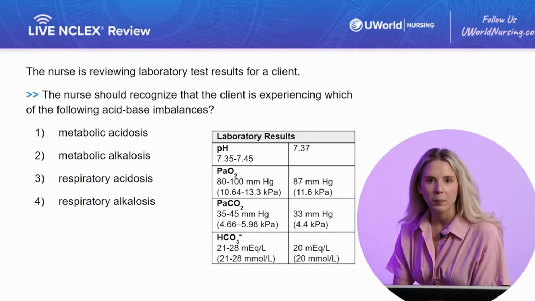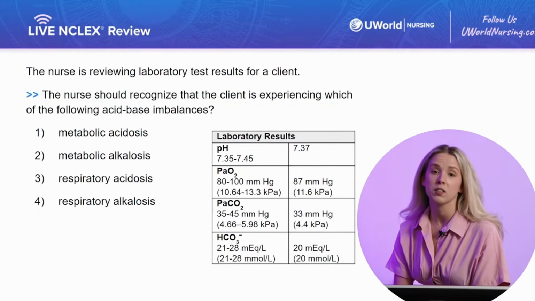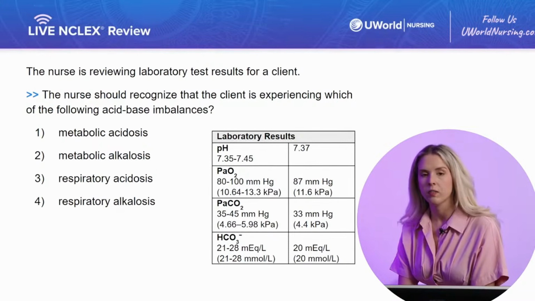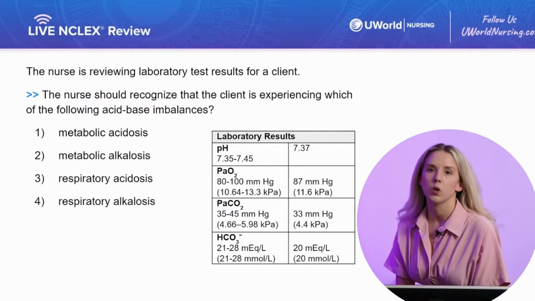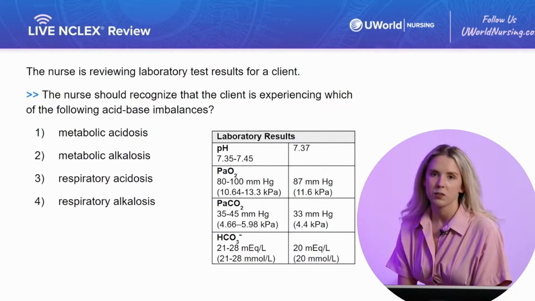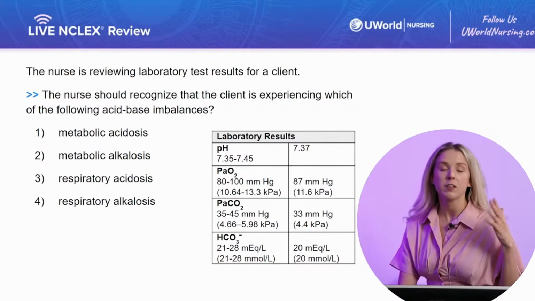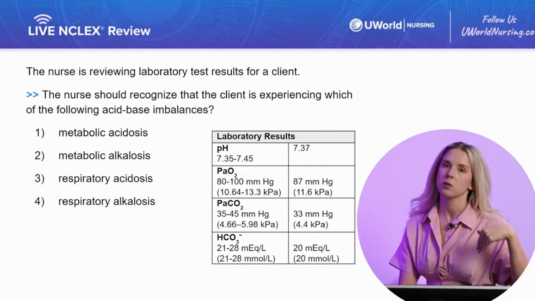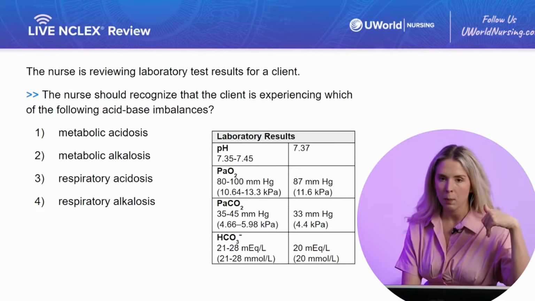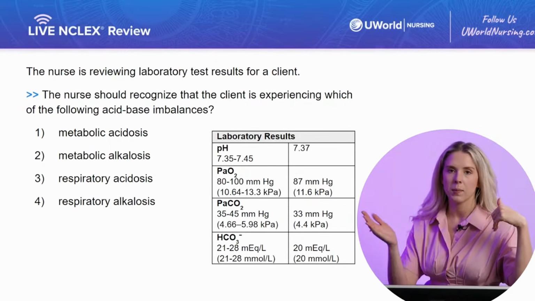Now let's look at our carbon dioxide and our bicarb. So these are both low. Carbon dioxide is 33, normal range is 35 to 45, and our bicarb is 20, our normal range starts at 21. So they're both slightly low. In this case, remember our ROME trick, our pH, even though it's still within normal range, is on the low side. So we can give that a down arrow, so to speak. Now respiratory is opposite, but carbon dioxide is also down.